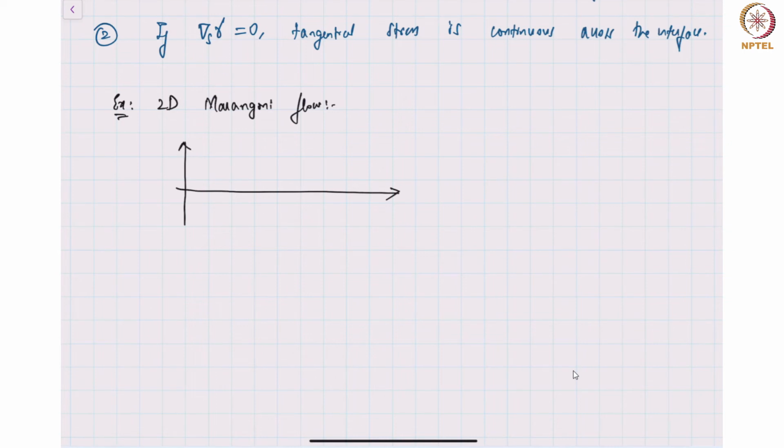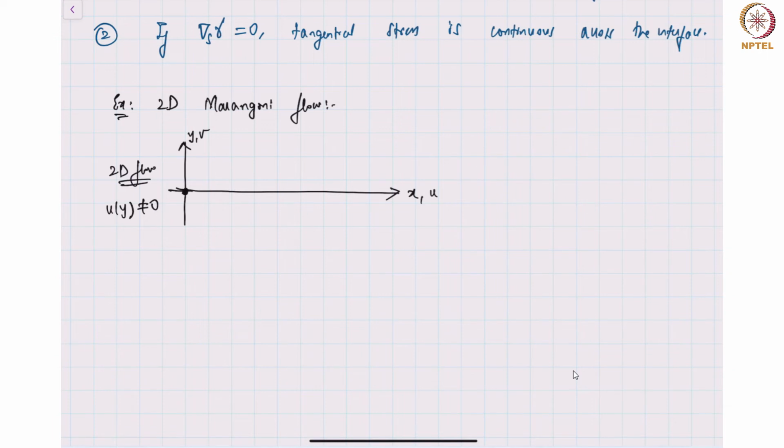I have an interface here, and on this interface at some point I've arbitrarily called the origin, I'm going along x, and the horizontal velocity is u, the vertical velocity is v along the y direction. This is a 2D flow. So I can essentially say u of y is not equal to 0.